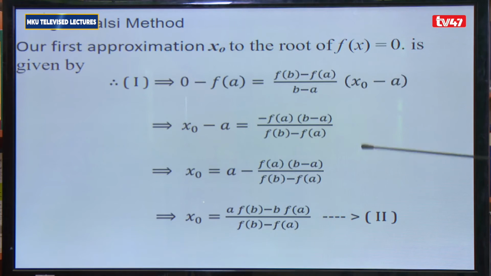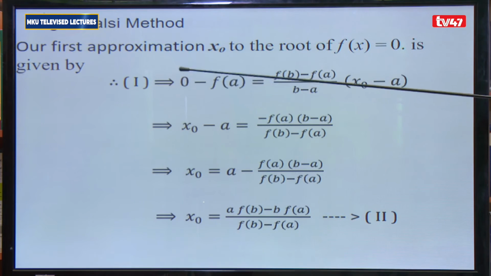So our first approximation is obtained as follows. We set y at 0, then we make x naught the subject of our expression.